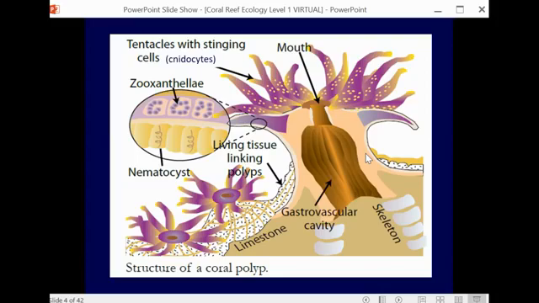Now, something to remember, if you guys do get to visit a coral reef, is that you have to be so careful not to touch the coral. You can't kick the coral, stand on the coral, touch the coral even with your fingertip, because if you do, you are wiping away that mucus membrane and you're leaving that coral susceptible to getting a disease.